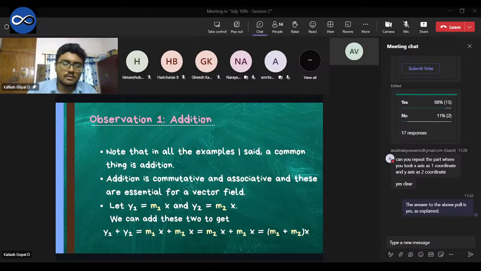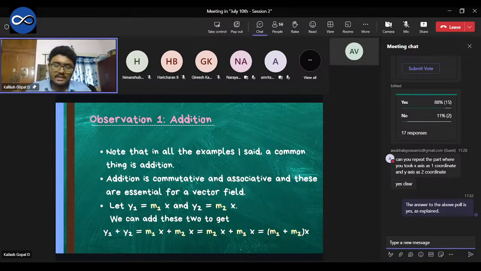Let's look at it in two dimensions, taking the example y equals 23x. In the Cartesian plane, that function is a line, as you all know, y equals mx is a straight line. Here m1 is the magnitude of the vector, and you don't have a direction because you only have one axis, the x-axis. We are talking about two viewpoints here, and one viewpoint is the Cartesian viewpoint.